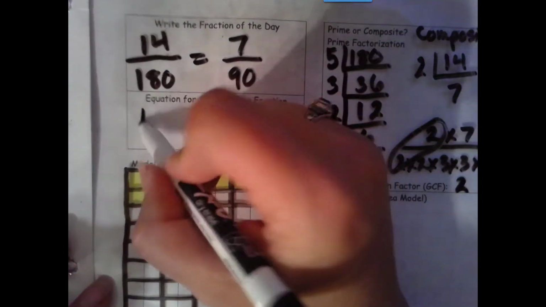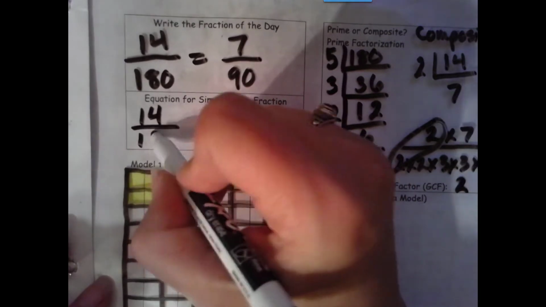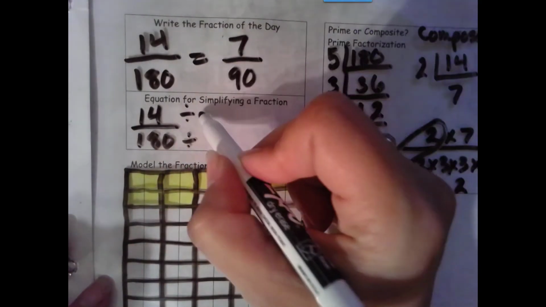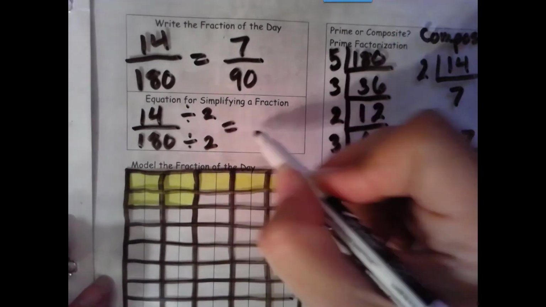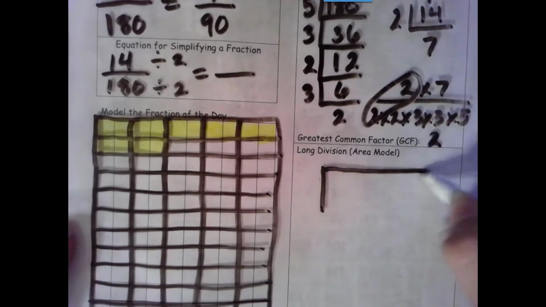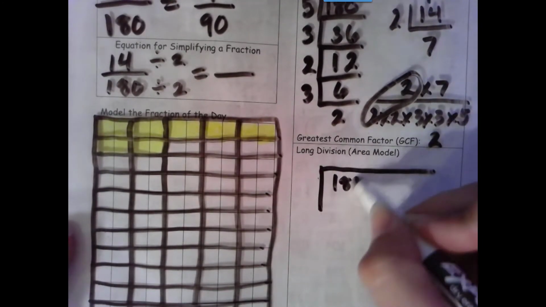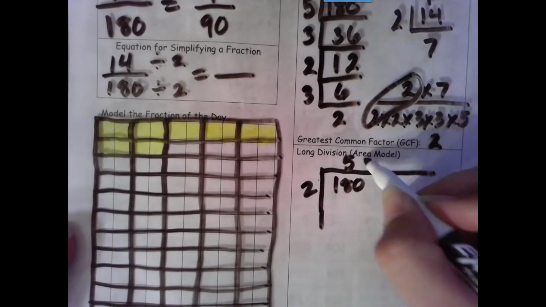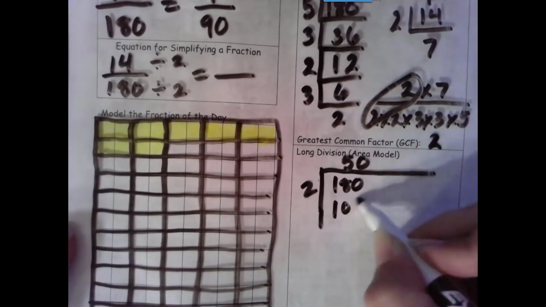Okay, now we're going to prove it with our algorithm. We're going to divide by our greatest common factor. 180 divided by 2. Well, I know 2 times 50 will give me 100.